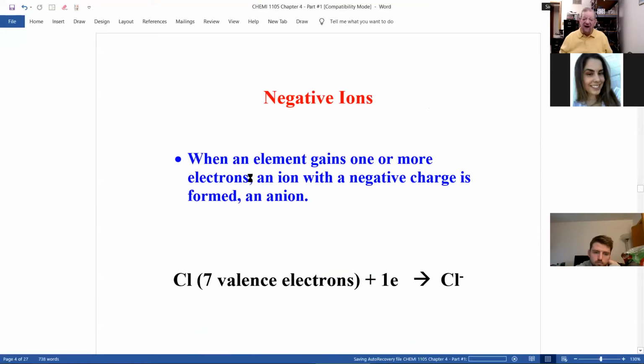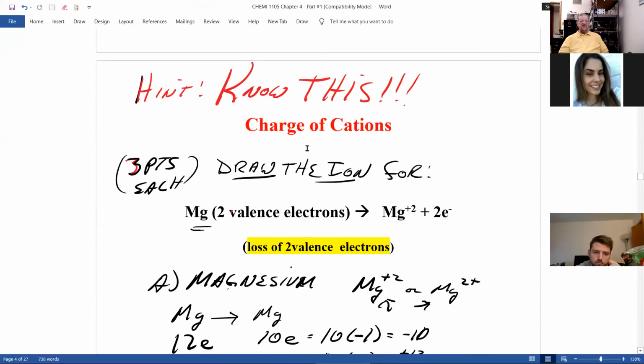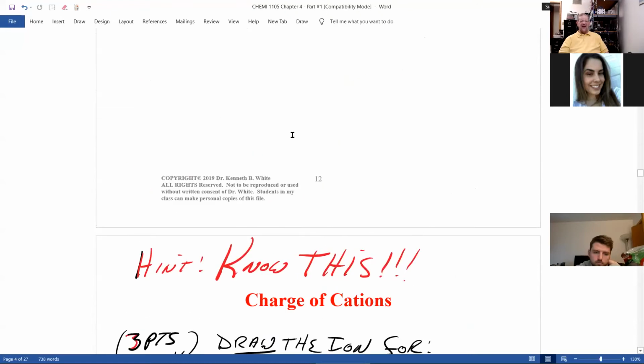Now, the opposite of a cation or positive ion is a negative ion. A negative ion is when an element gains one or more electrons, and an ion with a negative charge is formed. This is called an anion. Remember, positive charge is called a cation.